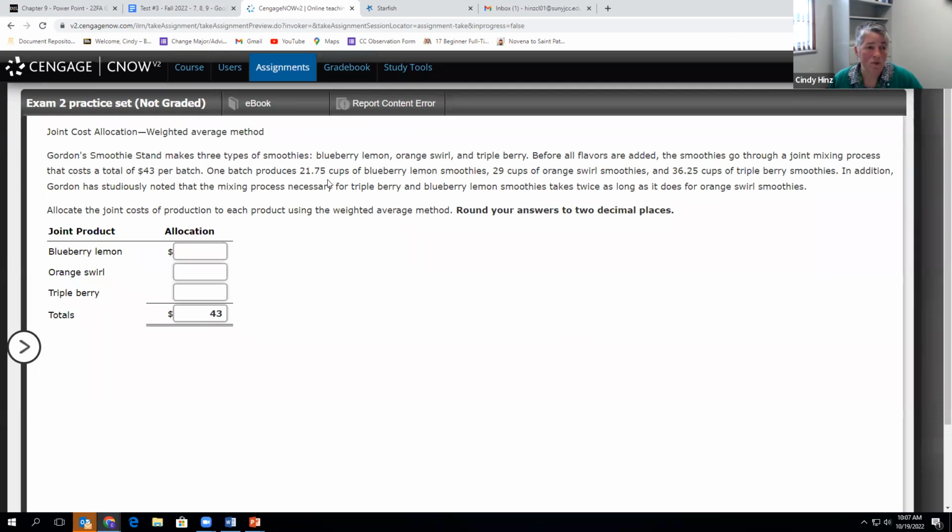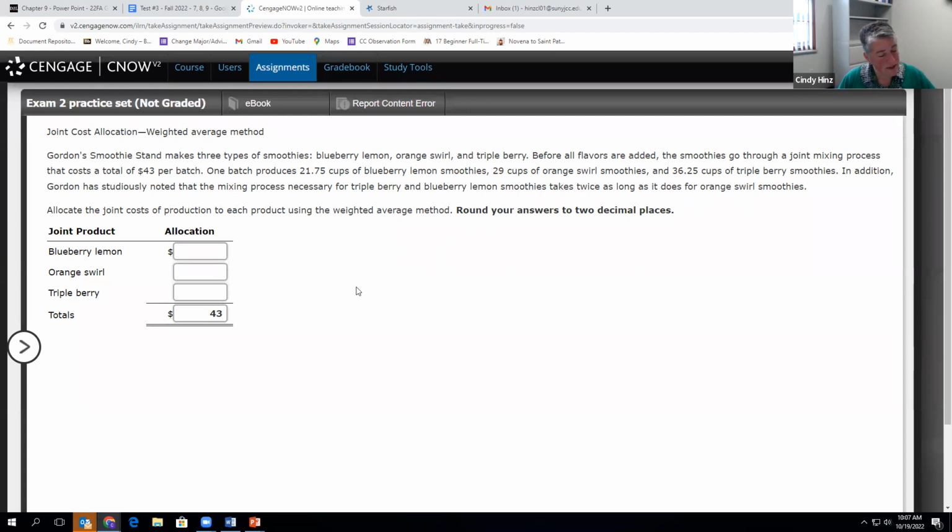One batch produces 21.75 cups of blueberry lemon, 29 cups of orange swirl, and 36.25 cups of triple berry smoothies. In addition, Gordon has studiously noted that the mixing process necessary for triple berry and blueberry lemon smoothies takes twice as long as it does for orange swirl.